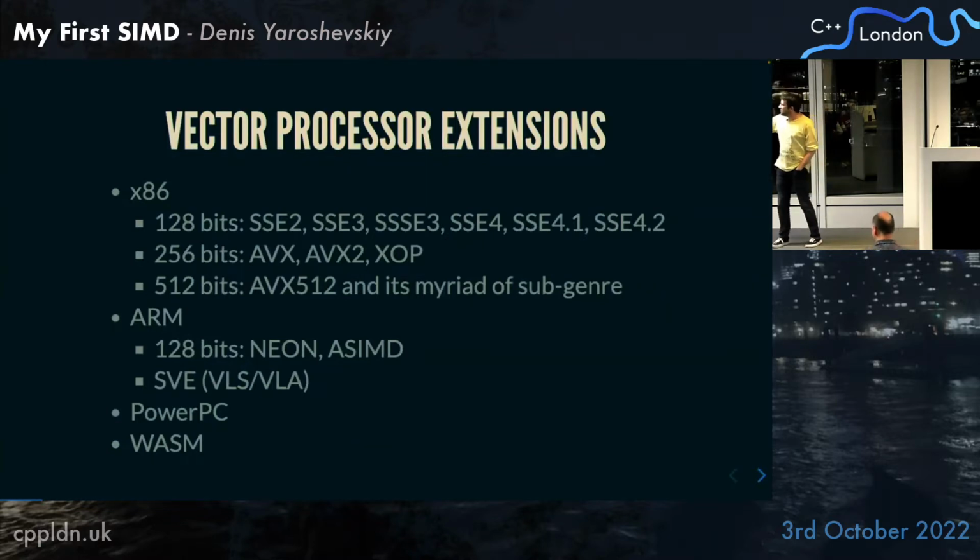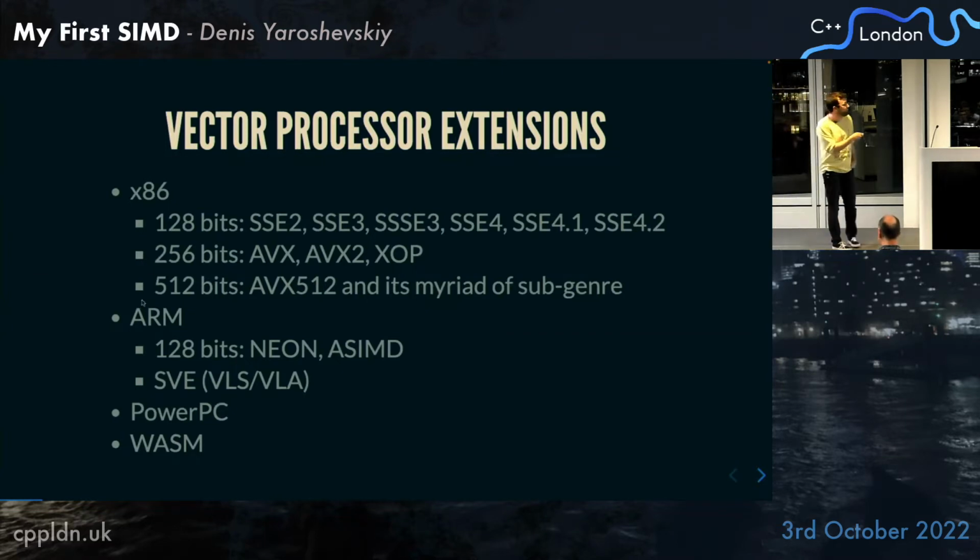Anyway, then there's ARM. So Neon and ASIMD, ASIMD sometimes is also called Neon, but basically this is ARM v7, ARM v8. So this is 32-byte and 64-byte ARM. For example, ASIMD is probably in most of your phones, and M1's is also ASIMD at most. Then there's SVE.